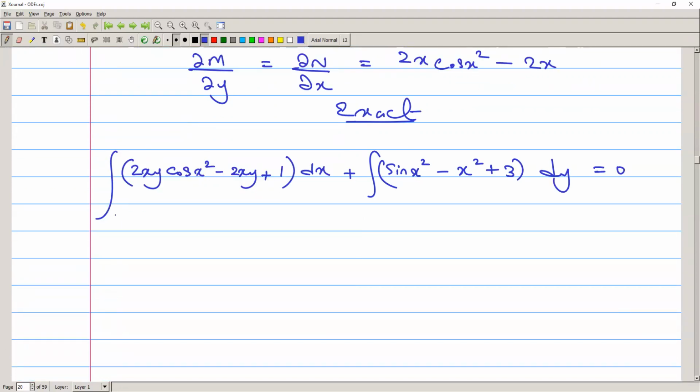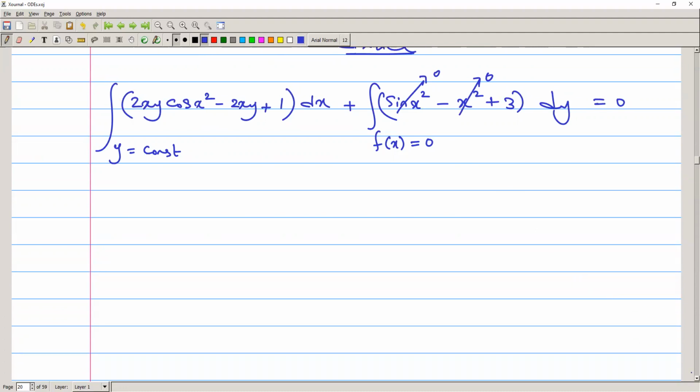Now here y is constant, and again any function of x that is given will be 0. So this will be 0, this will be 0, right? X is here. So we'll integrate this with respect to x.